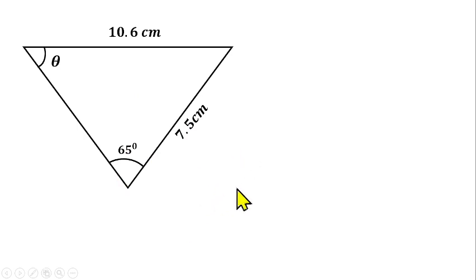So if you have formulated the sine rule, let's see whether you get it right. That means you'll be having 10.6 over sine of the angle facing it, which will give us sine 65, equals 7.5 over sine theta. So we have to find the value of theta.